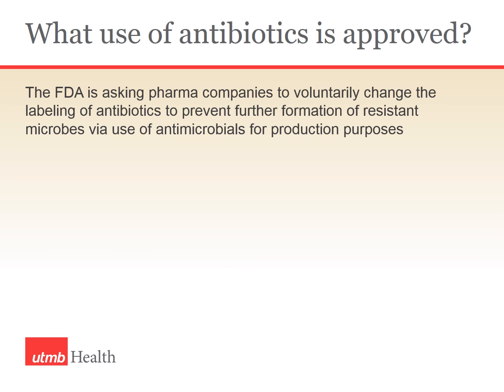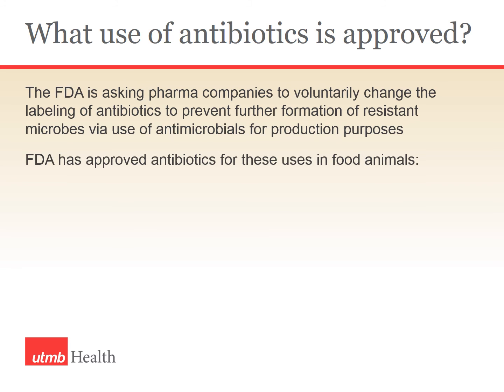Production purposes are things like allowing the animal to get larger or enabling them to consume less food and get larger, things like that. The FDA wants approval only for the following uses.